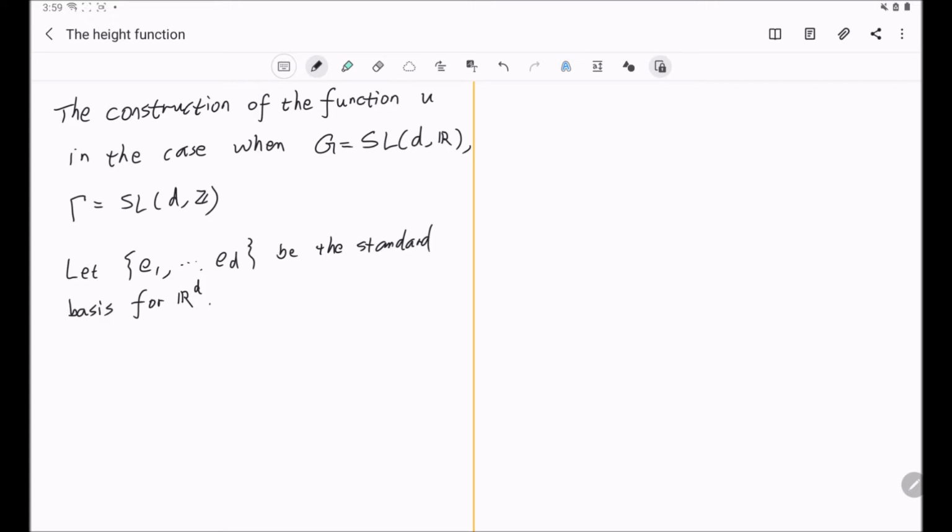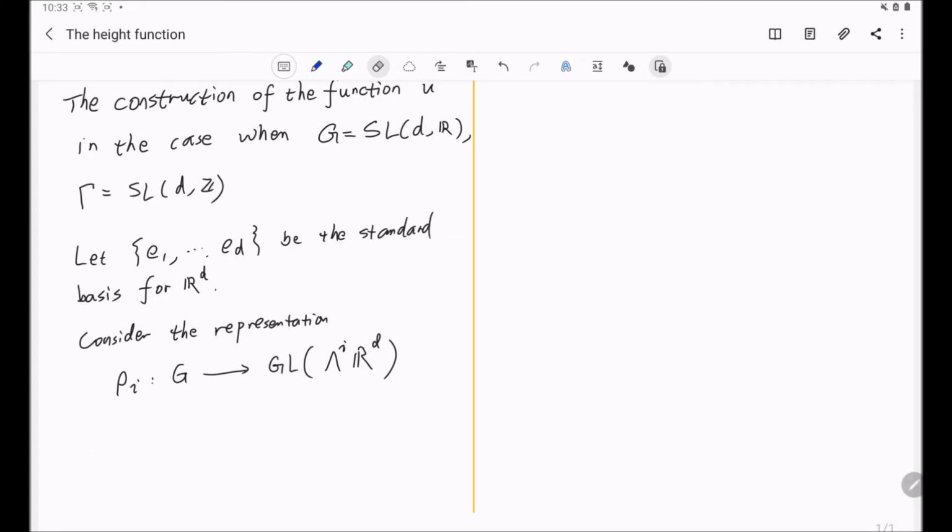And we consider the following representation, rho sub I from G to GL of the ith exterior power of R^D, with each rho sub I given by rho sub I of G acting on a basis vector E sub K1 through E sub Ki equal to the wedge product of G acting on each of them.